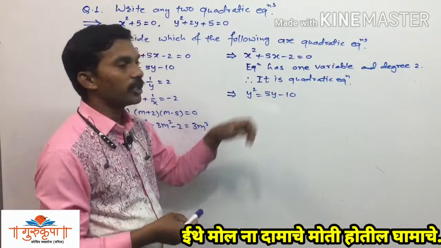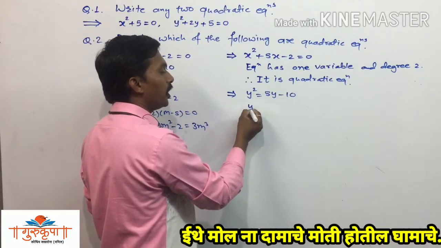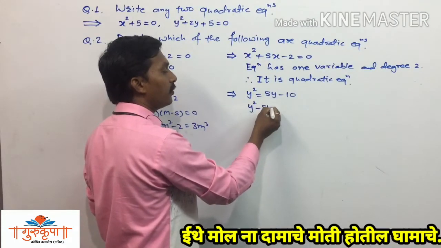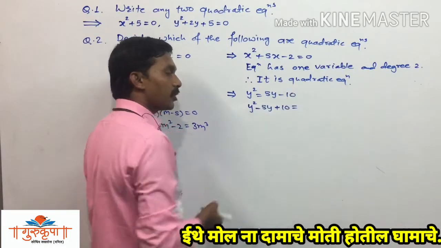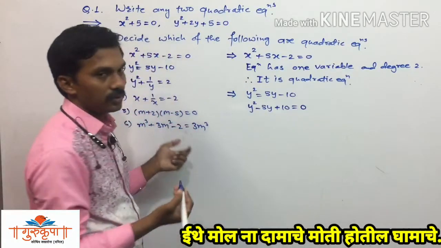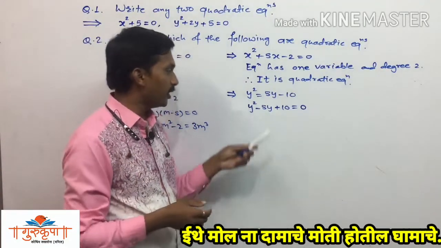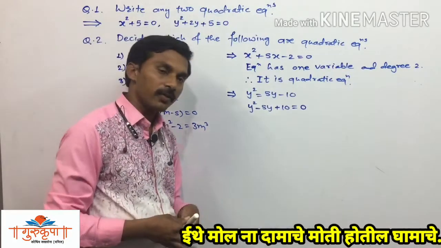Like that we have to arrange all the terms. So we will transfer this 5y to the left side, it will become minus 5y. We will transfer this minus 10 to the left side, it will become plus 10, and it is equal to 0. Now anyone can say that it has one variable and degree is 2, so it is a quadratic equation.